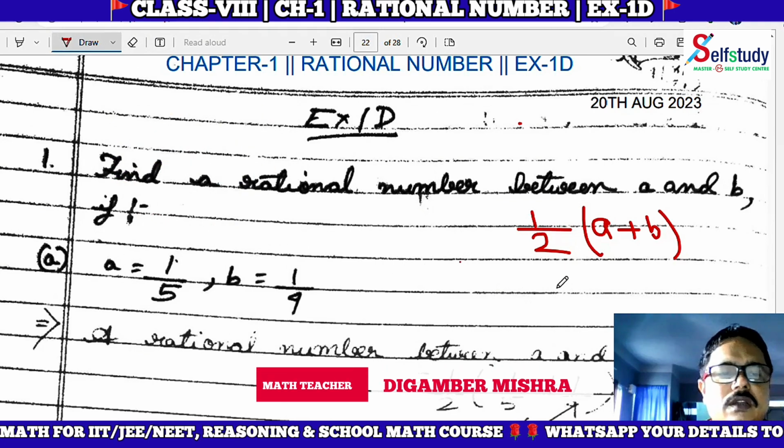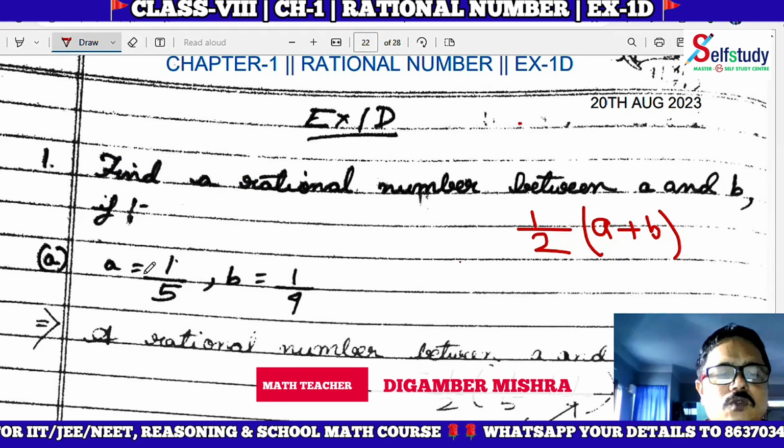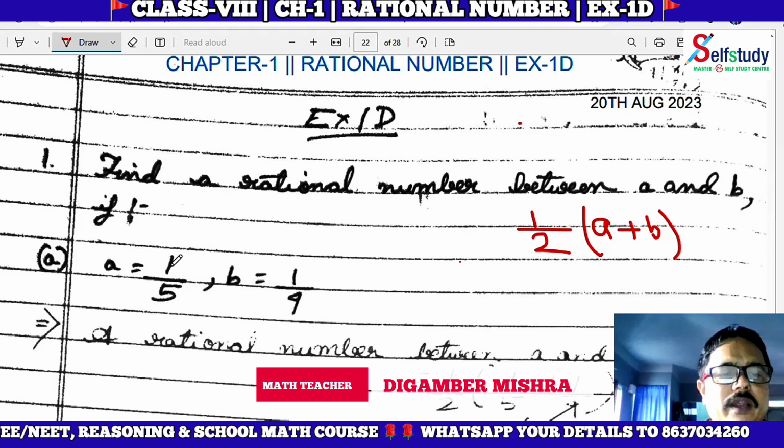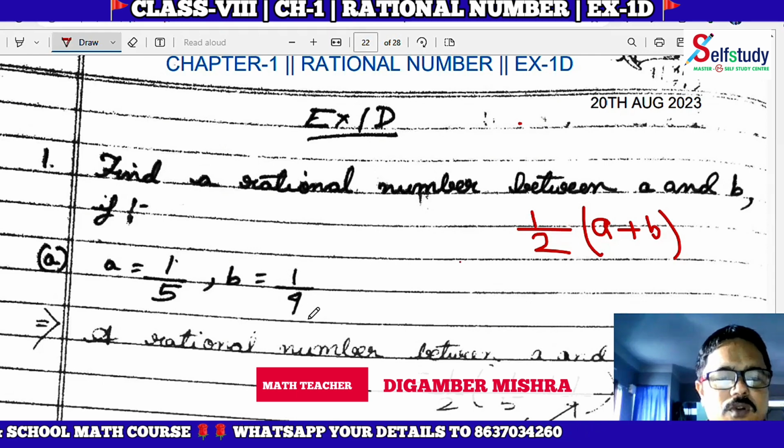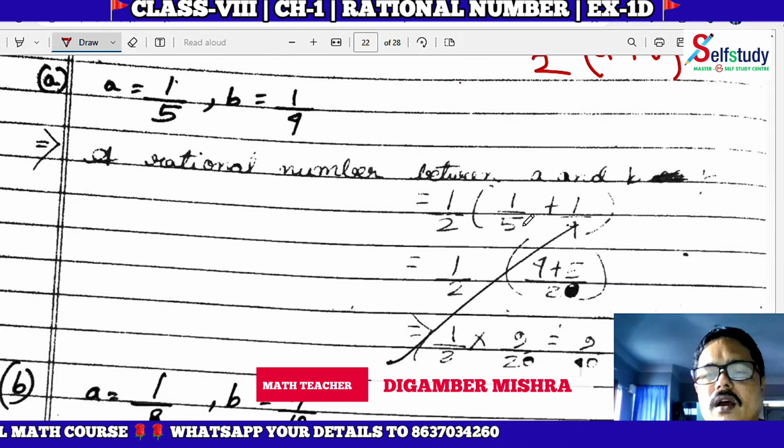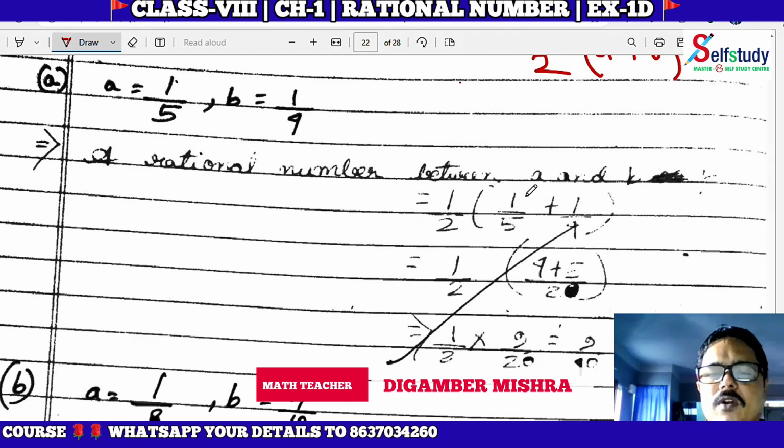With this law, if you want to find a rational number between A and B, where A is equal to 1 upon 5 and B is equal to 1 upon 4, we are going to apply the same formula.